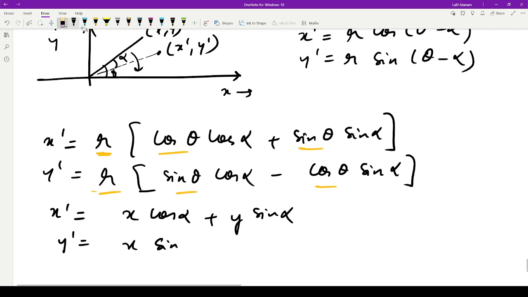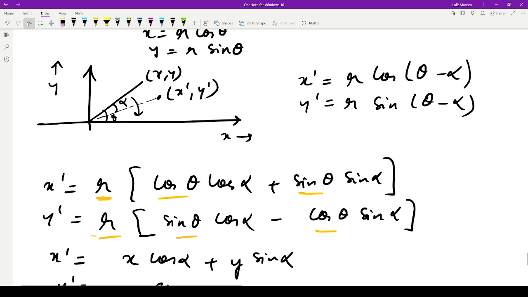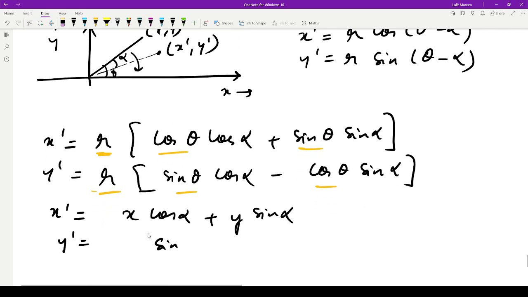Minus. So cos(A minus B) is cos A cos B plus sin A sin B, and sin(A minus B) is sin A cos B minus cos A sin B. So r sin theta is y, right? It is y cos alpha minus x sin alpha.